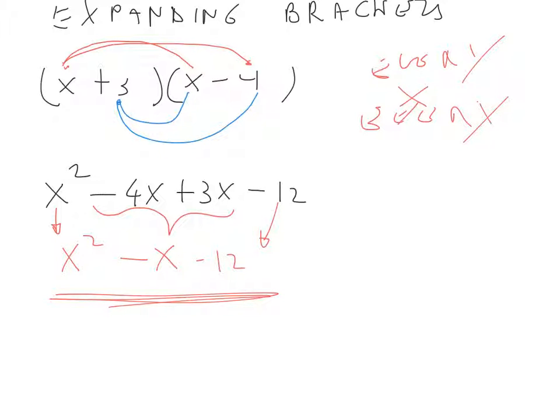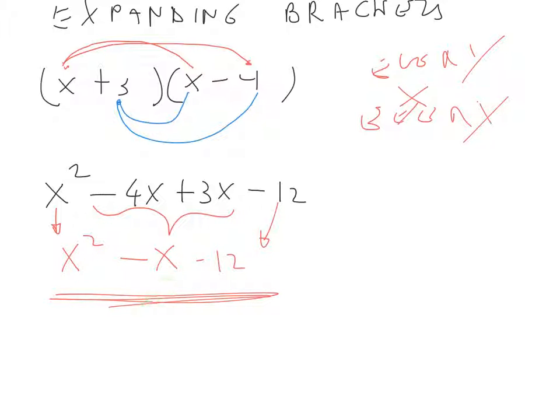So it's not that hard. Remember that you have to do all the multiplications, all the lines. I have to multiply everything times everything, as we said before, and then if we can, we have to simplify.